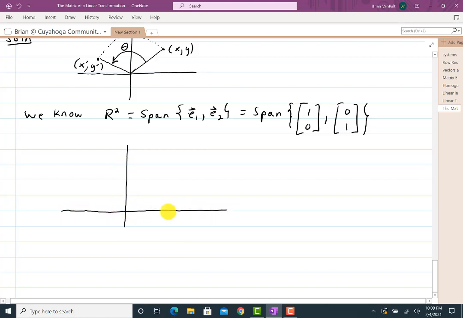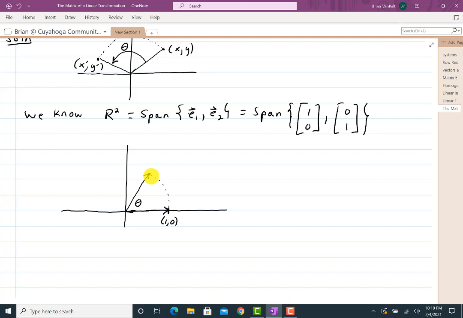Let's start with 1, 0. Let me put it here. And so there is E1, it's at the point here. And then I'm going to rotate it an angle, let's call it theta. What point does that end up at? Well, the interesting thing that you should know is the length of that vector is 1.